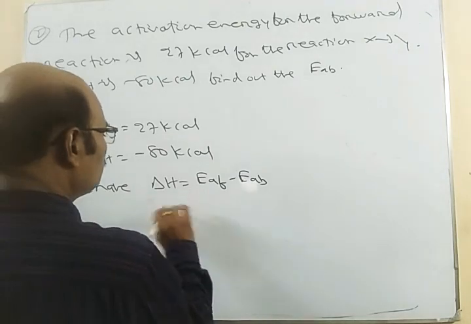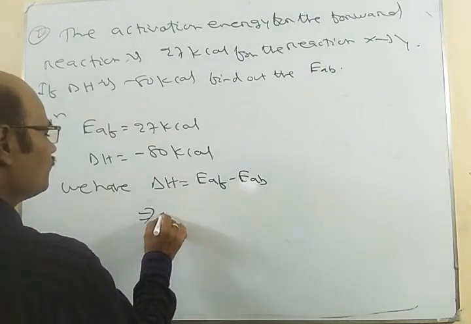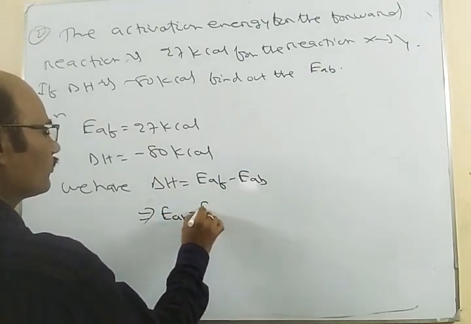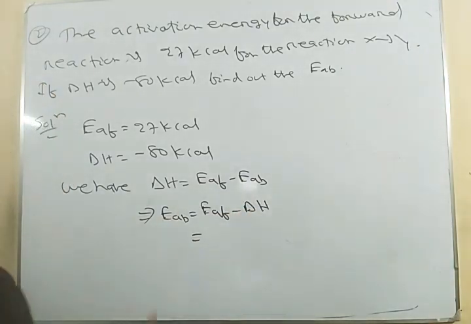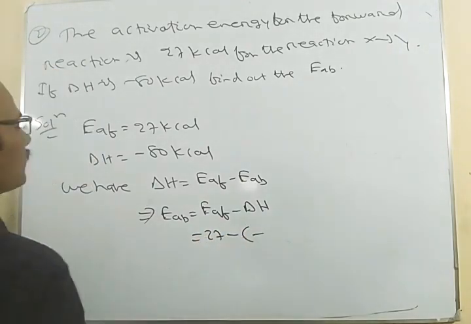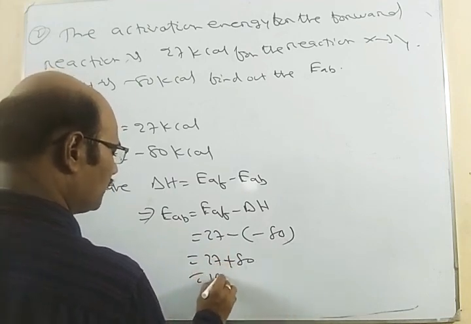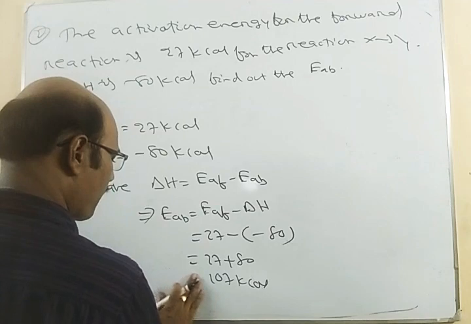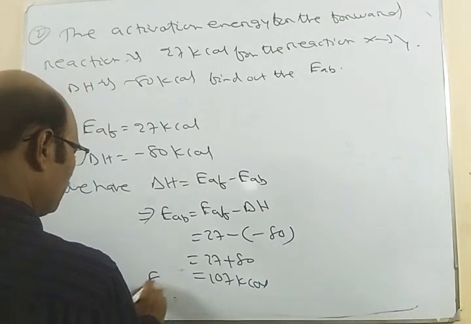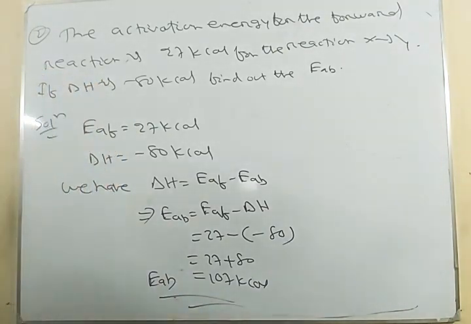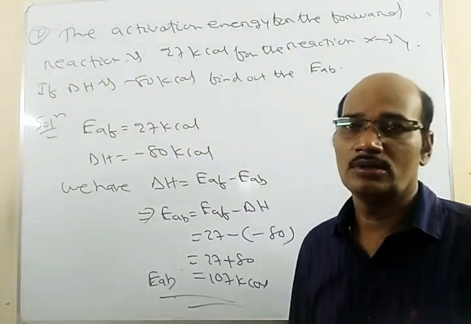So this implies EAB is equal to EAF minus delta H, which is 27 minus of minus 80, that is 27 plus 80, which is 107 kilocalorie. So EAB equals 107 kilocalorie. Okay. So this is about chemical kinetics.